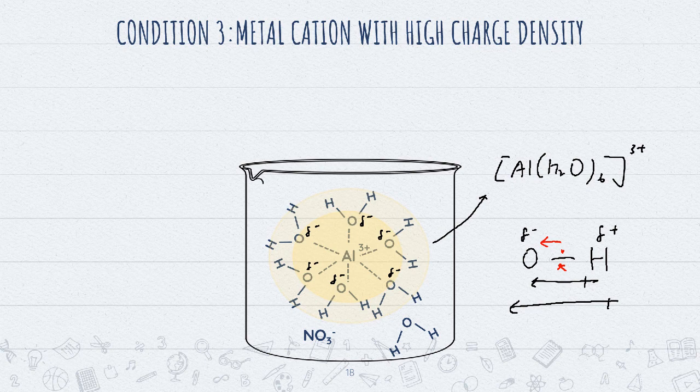quite significantly. And as you can see from the animations, once the OH bond is weaker, another water molecule is able to deprotonate, or steal away the hydrogen atom from the water molecule that belongs to the complex ion.